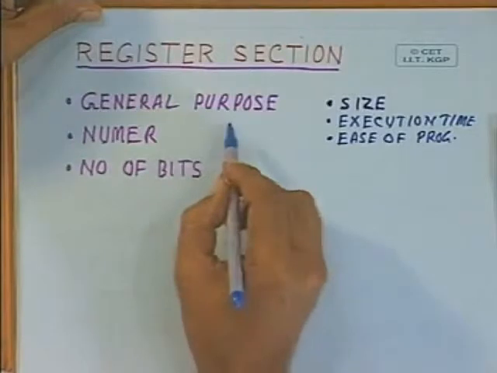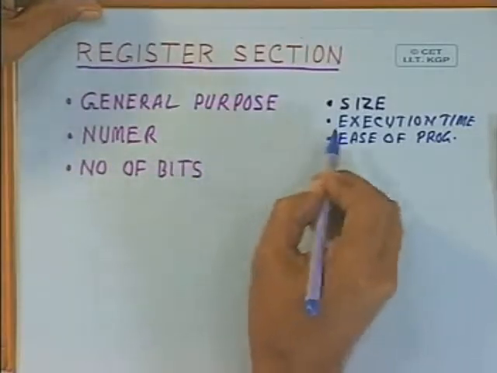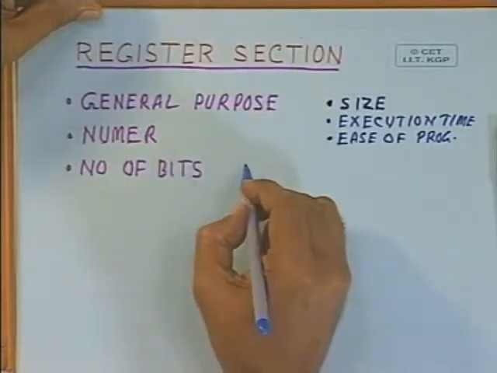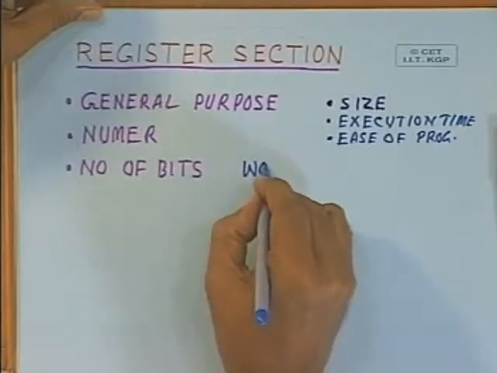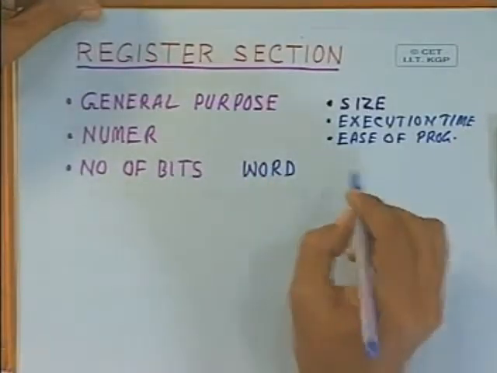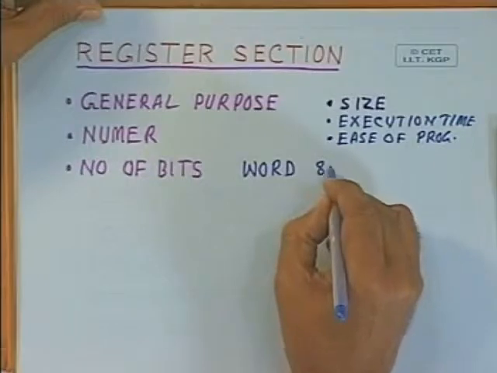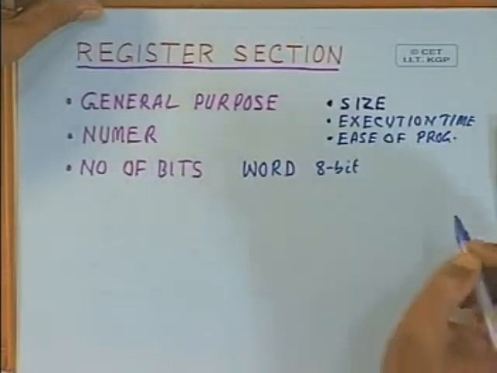And obviously, as I told, the number of bits will depend on the word size of the processor. Word size, in case of 8-bit microprocessor, it is 8-bit, but usually you have to store the address also inside these registers, and you will find that most of the 8-bit microprocessors are provided with 16-bit address.